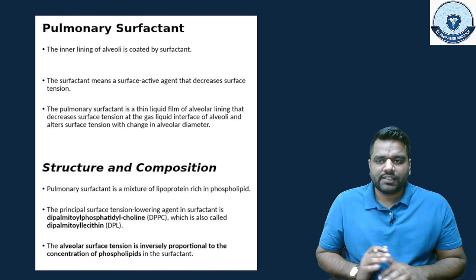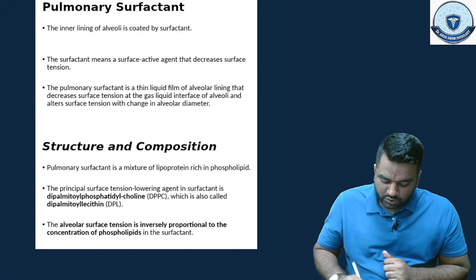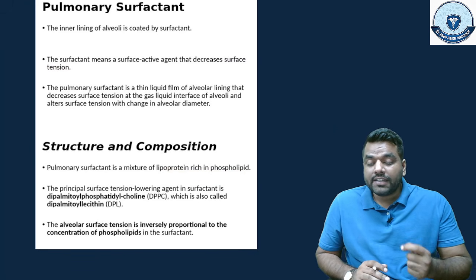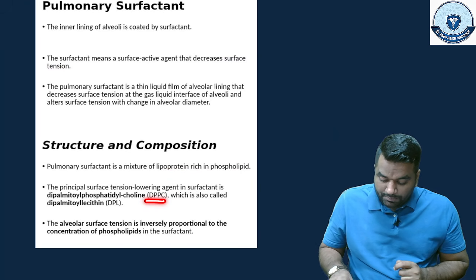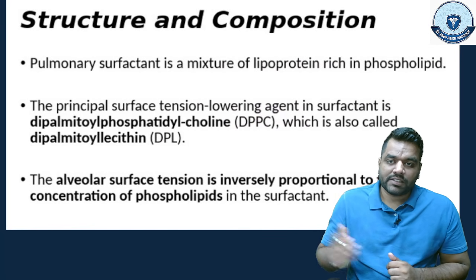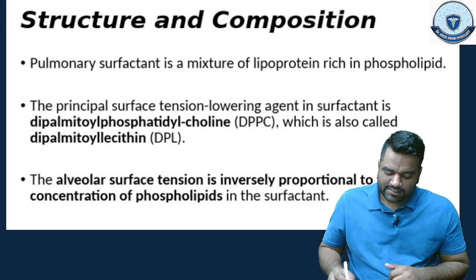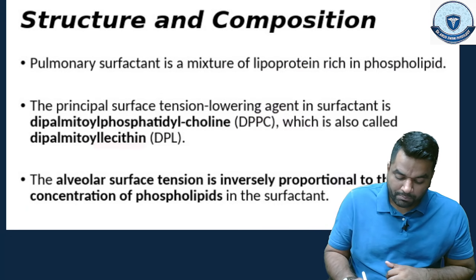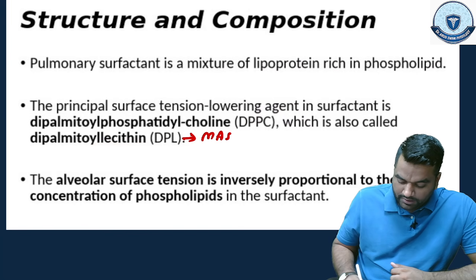And guys, this is made up of lipoprotein rich in phospholipid, and the major surfactant is DPPC, dipalmitoyl phosphatidylcholine, which is also called lecithin, dipalmitoyl lecithin, right? This is your major surfactant.